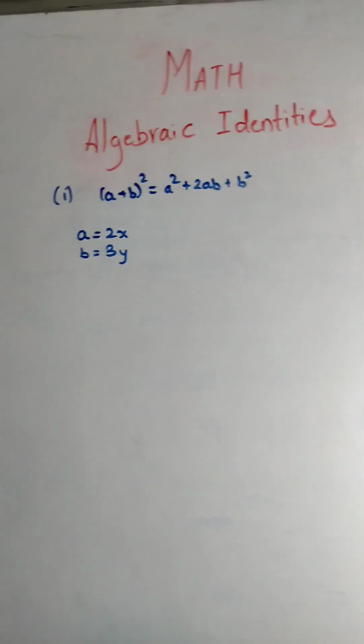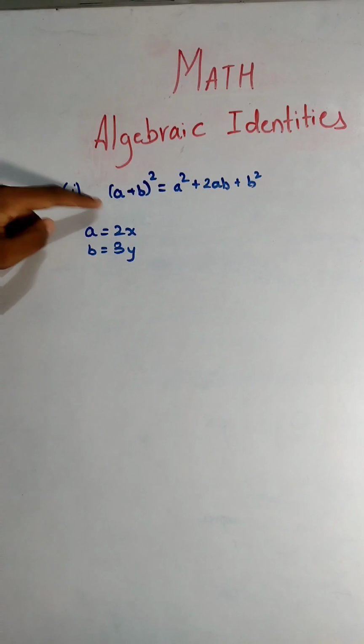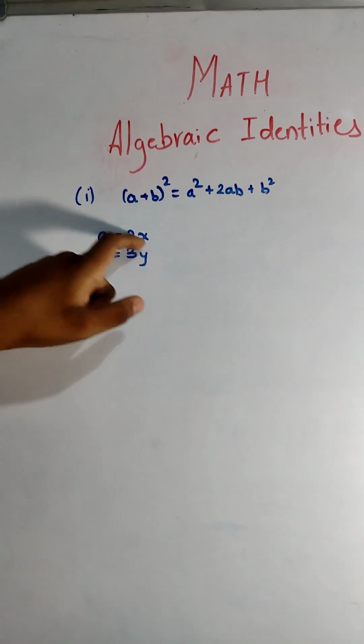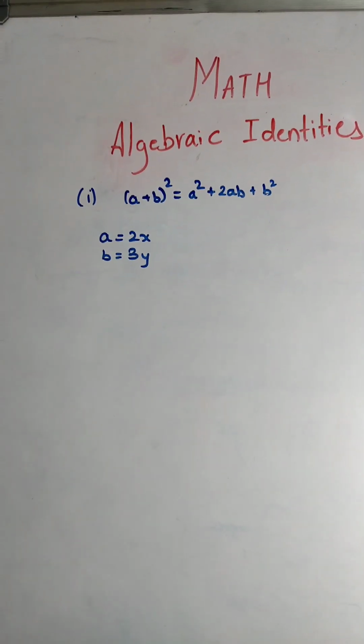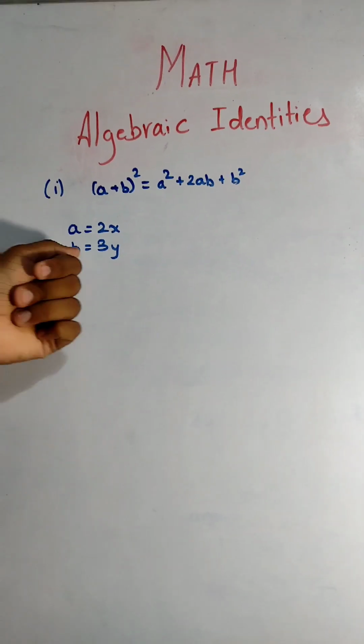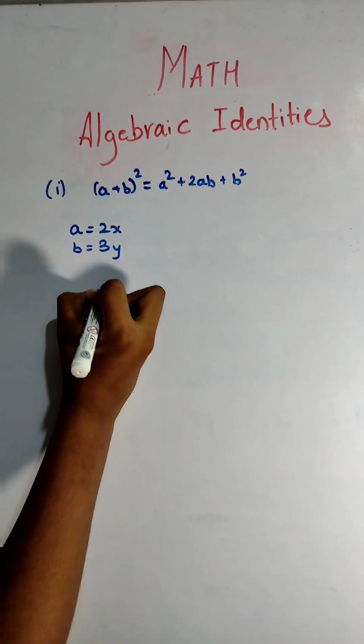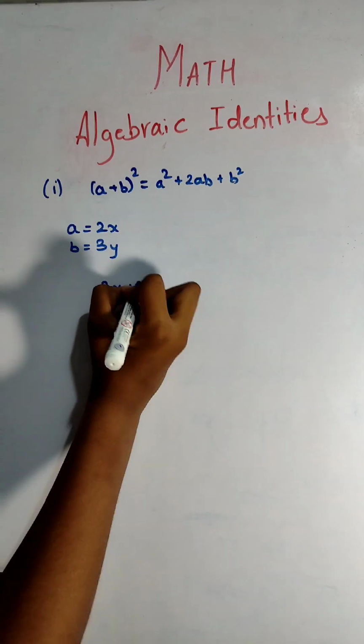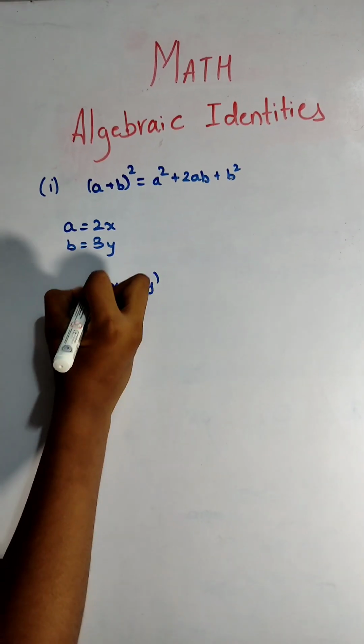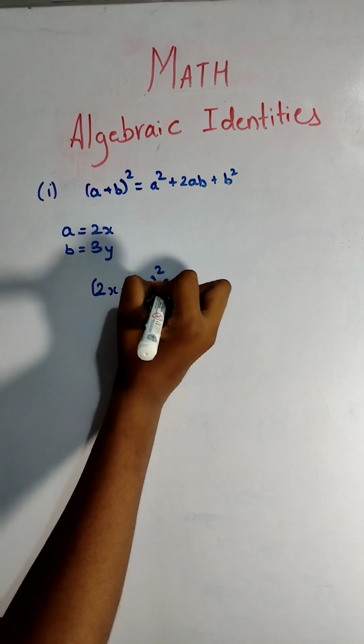So here the variables change, but all we are substituting is A equal to 2x, that's twice x, and B equal to thrice y. So this is nothing but (2x plus 3y) whole square.